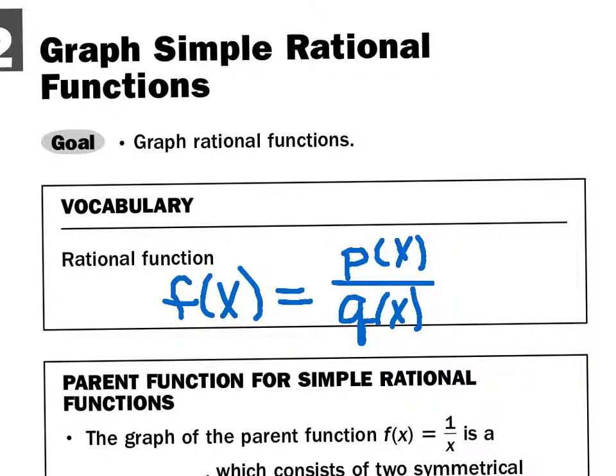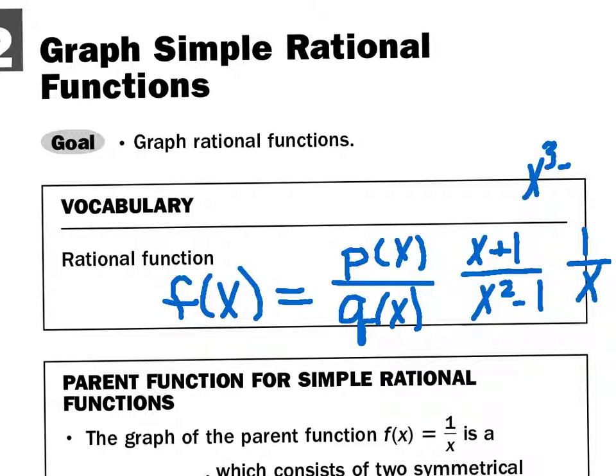So some examples of rational functions are (x plus 1) over (x squared minus 1), or even 1 over x, or (x cubed plus x squared) over x. So any combination that has a fraction bar, and it can have x's on top and x's on bottom.